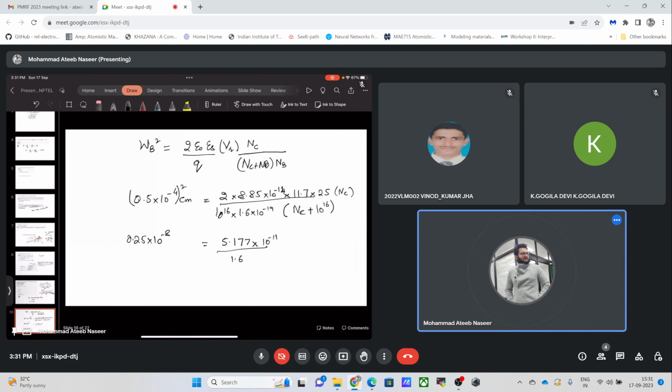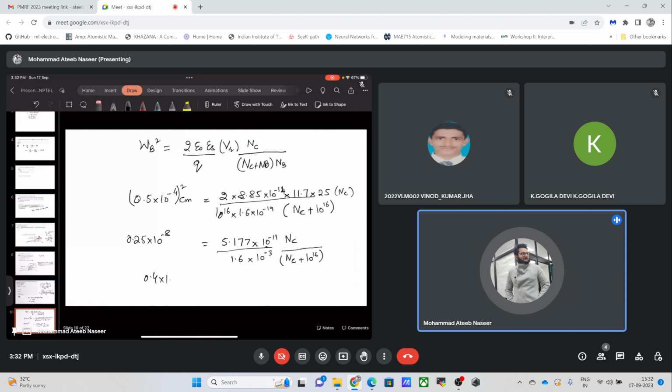The denominator is 1.6 into 10 to the power of minus 3 times NC. Now 0.25 into 1.6 is 0.4.